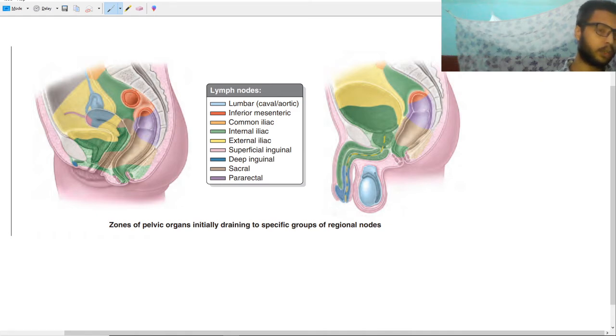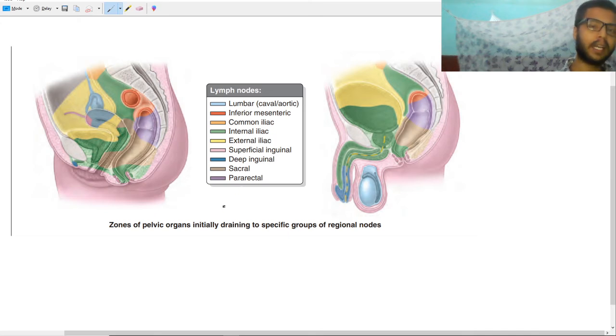Ovary, and uterine tube, except isthmus and intrauterine parts, and some part of the fundus of uterus. Fundus of uterus is also draining into lumbar lymph nodes, okay?